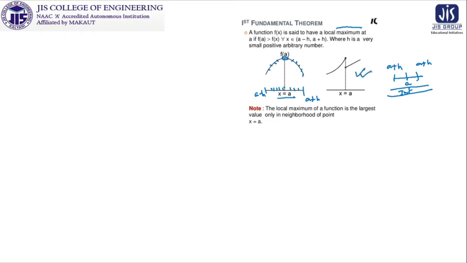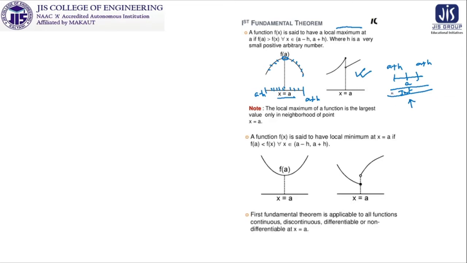Maybe you are asking about continuity, maybe about some other properties, but we are now dealing with only maximum and minimum. Now the local maximum of a function is the largest value only in the neighborhood of the point. So here neighborhood is termed as interval.